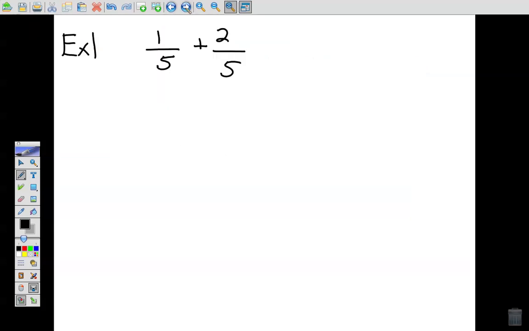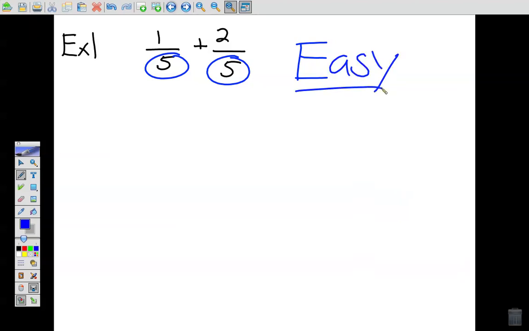Now, as we look at example 1, let's look at how you would show your work to do these. You have 1/5 plus 2/5. Anytime you have the same denominator, you can think of these as being extremely easy. Because all you do is add or subtract the fractions depending on what the problem is.